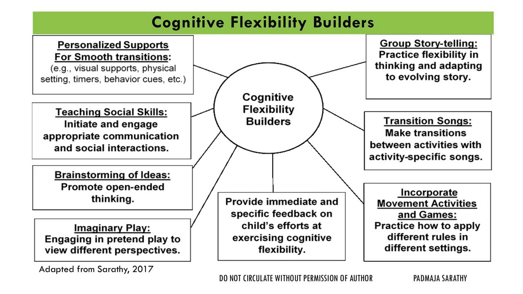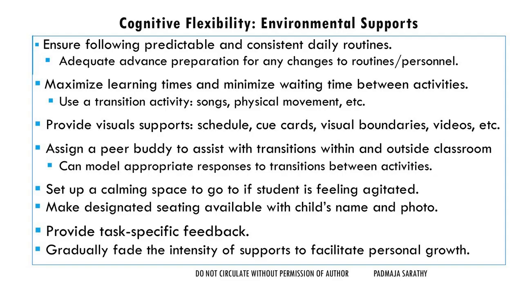And I will share one example. And some of these things take a minute or less. And that is specific to an activity so that the transition is joyful, the transition is smooth. And then how do you incorporate games and movement activities so that we can apply different rules in different settings?